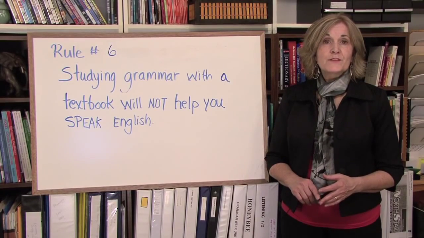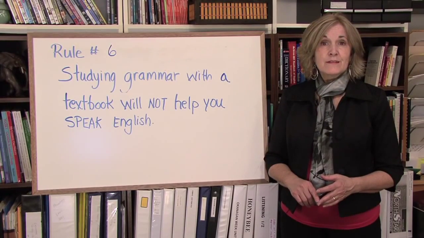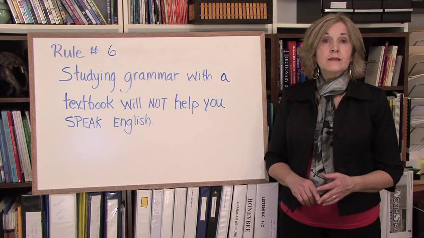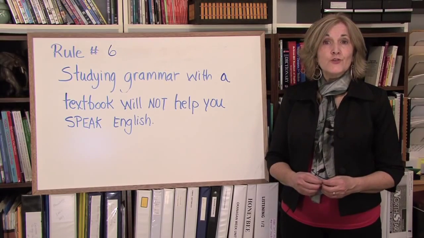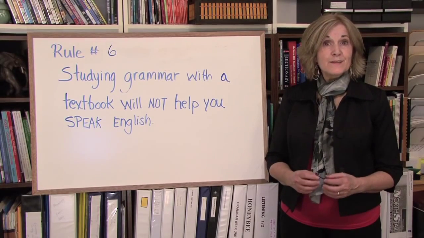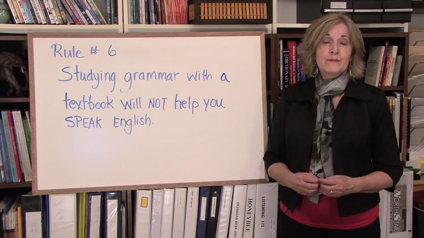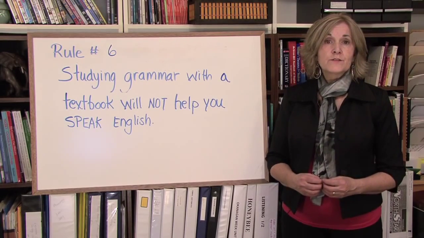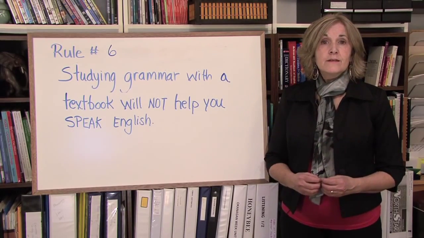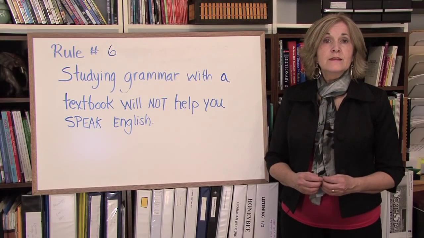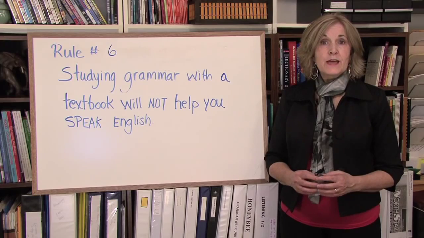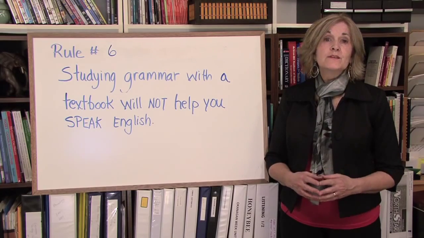I eat breakfast every morning is a present tense sentence, and it means that it is a habit, something that usually happens or doesn't happen. I will eat breakfast tomorrow morning is a future tense sentence, and it means that something will happen at a later time in the future.